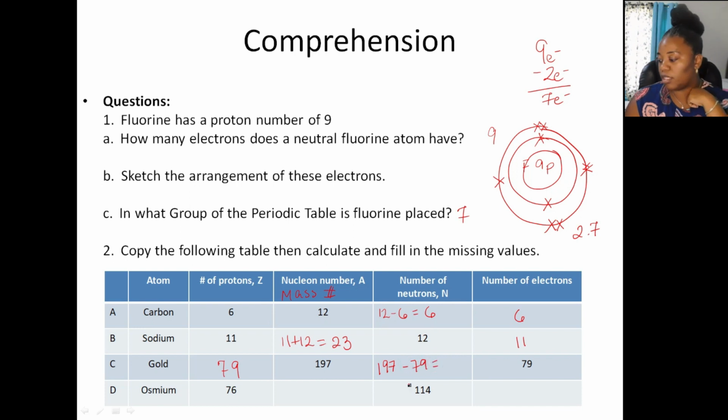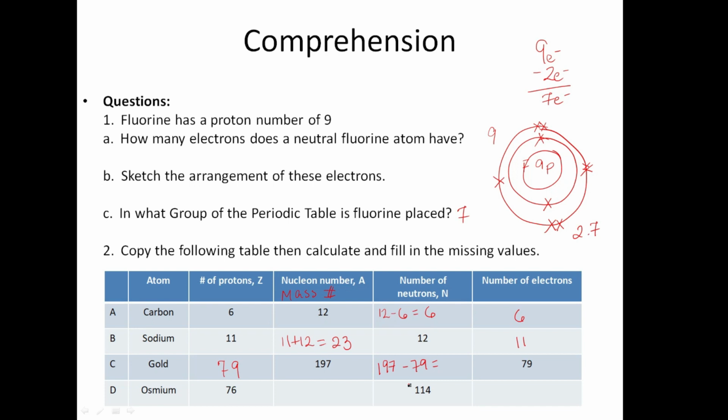And that should give you a nice number. What's the number? So 197 minus 79 will give you 118.